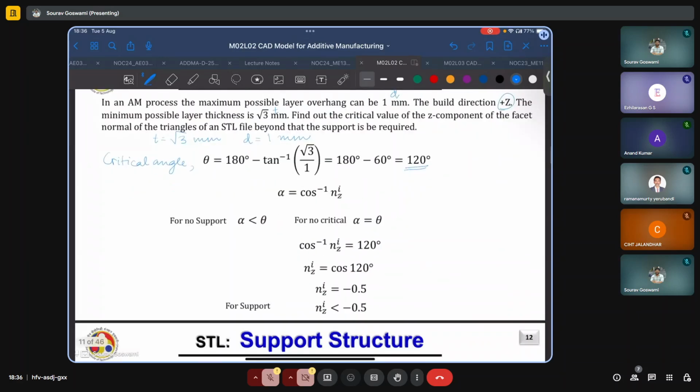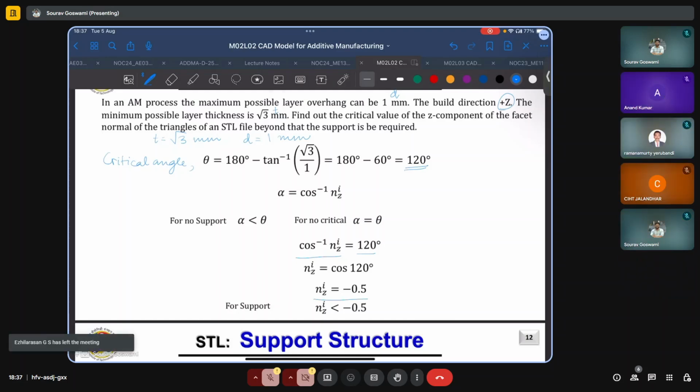Cos inverse of the z component of such facet normals is equal to 120 degrees in the limiting case, and thus the value of the z component of these facet normals comes out to be equal to minus 0.5. For all facet normals which have a z component more negative than 0.5, or numerically less than minus 0.5, they will be requiring supports.